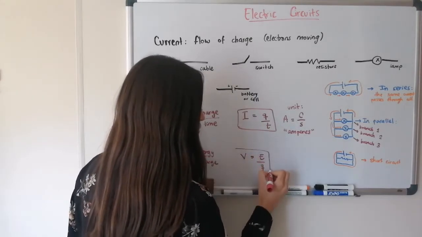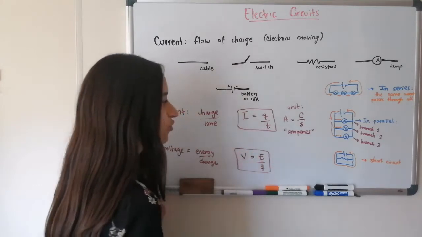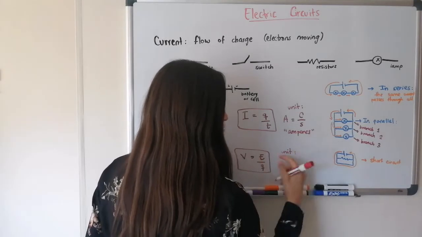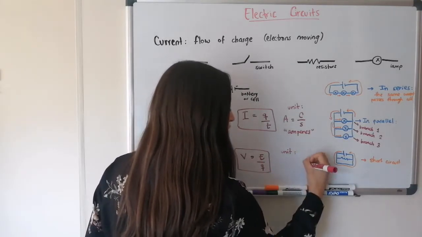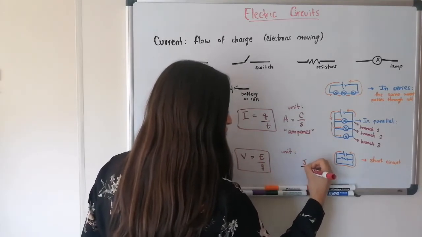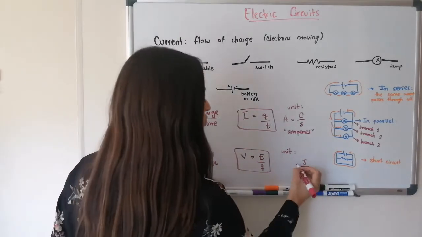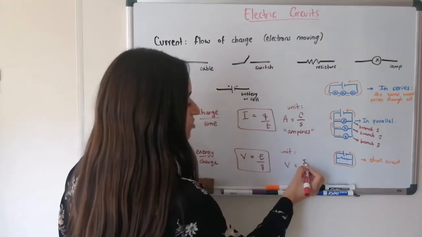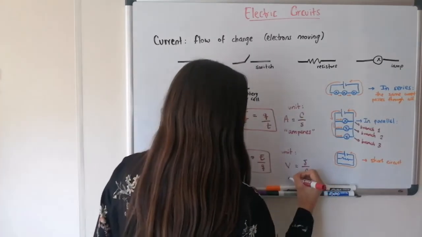So this is the equation for voltage. Voltage is energy over charge. And the unit of voltage is going to be determined by these two. Energy, we always give it in joules, and charge, we always give it in coulombs. So the unit of voltage, which is actually called volts, is going to be joules per coulomb.